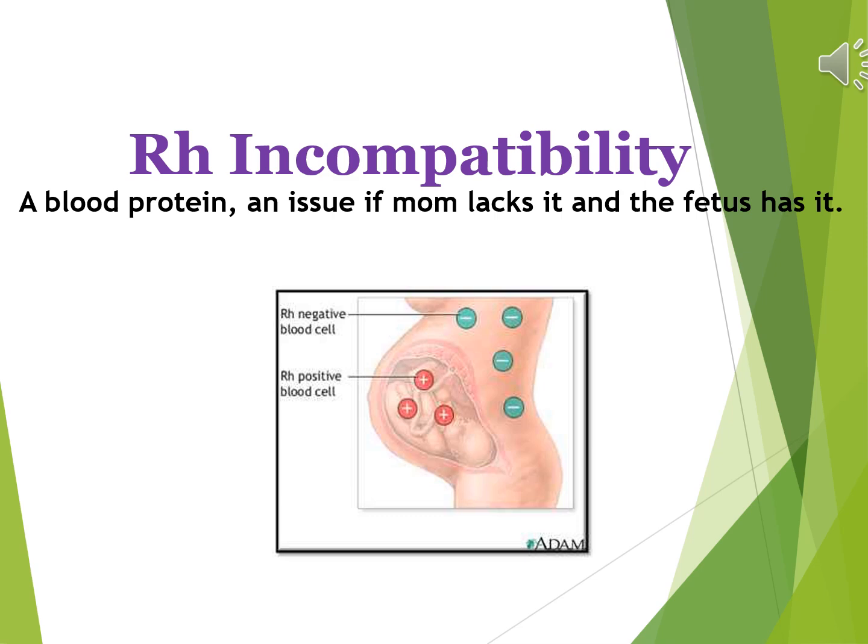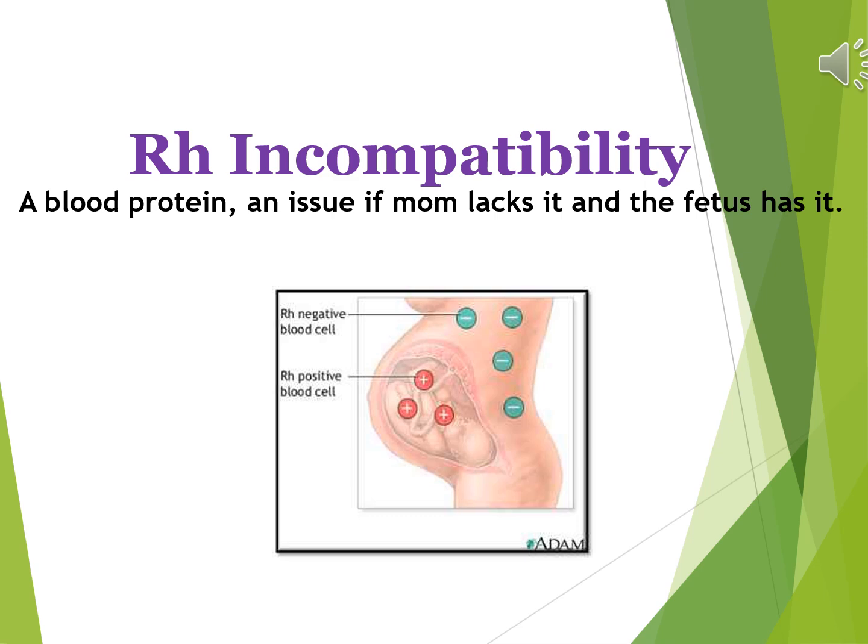So the first pregnancy is fine and will cause no issues. But there's a certain degree of blood mixing during the birthing process. Some moms will start to create antibodies for the Rh positive blood type. So if she carries another baby that's Rh positive, her immune system will set out to destroy the baby's blood.